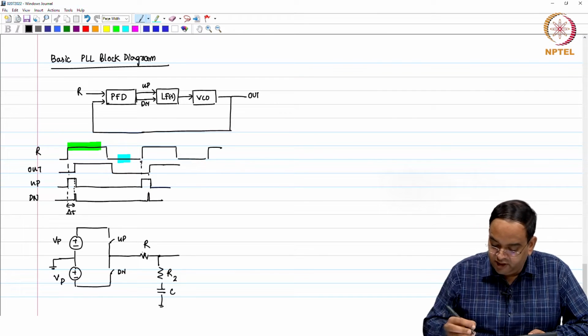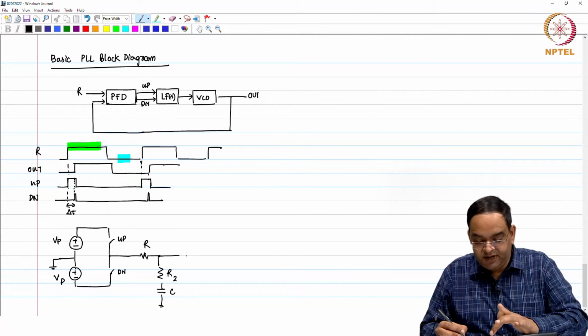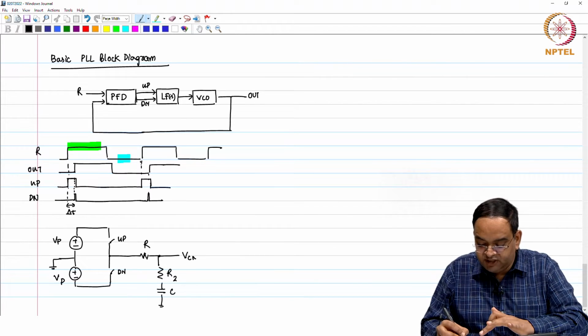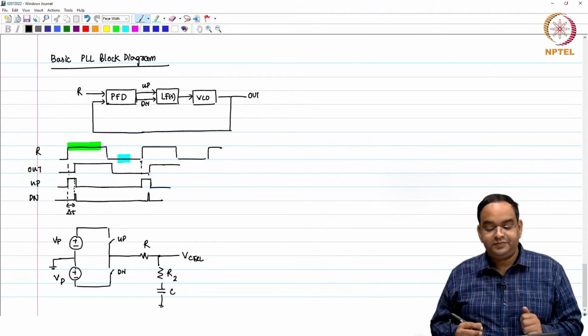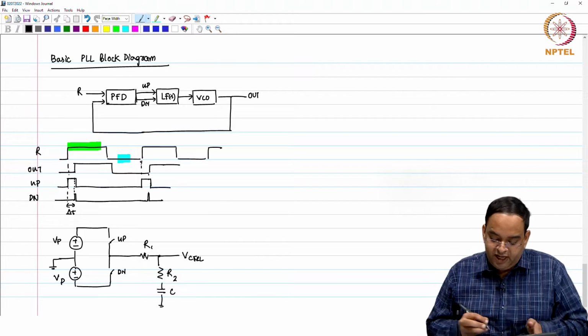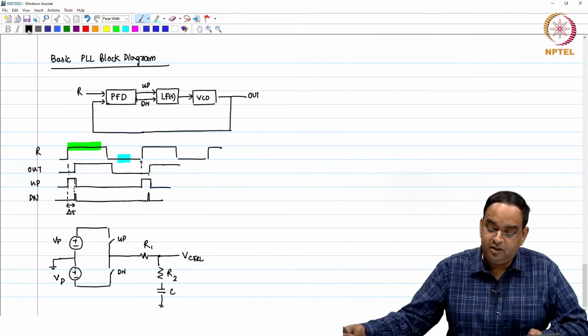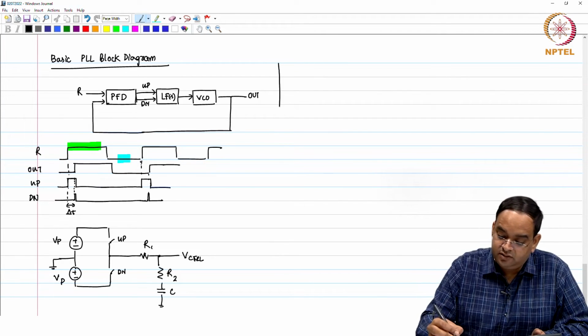So, I converted the up and down signals to the loop filter output. Let me just write this as V control, VCTR. Okay.